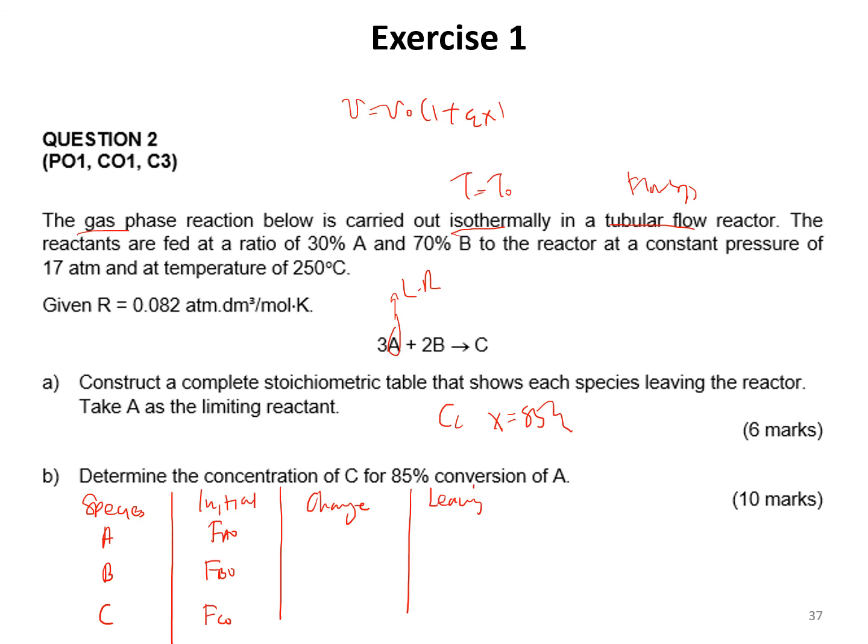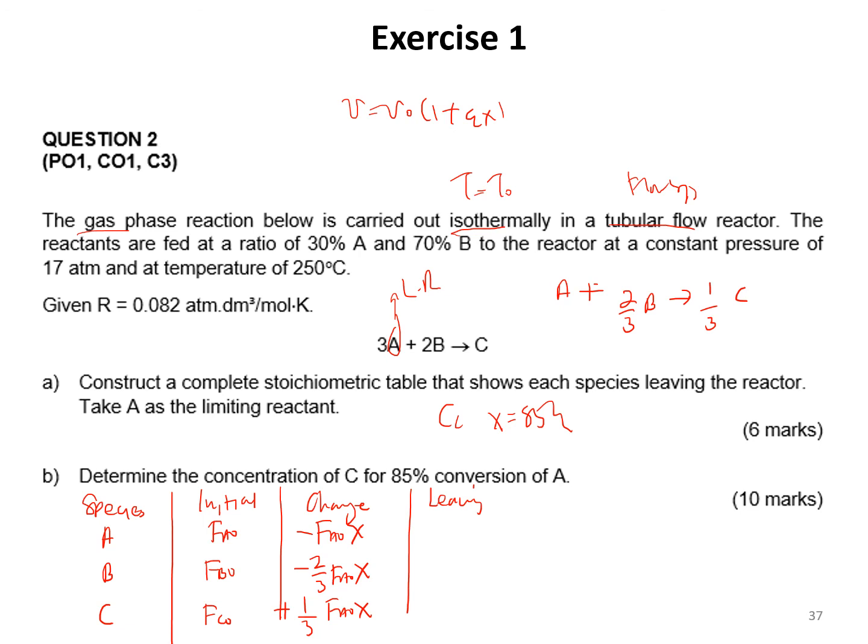For the reaction, A plus 2 over 3 B gives 1 over 3 C. So the change should be minus F A naught X, minus 2 over 3 F A naught X, and plus 1 over 3 F A naught X.